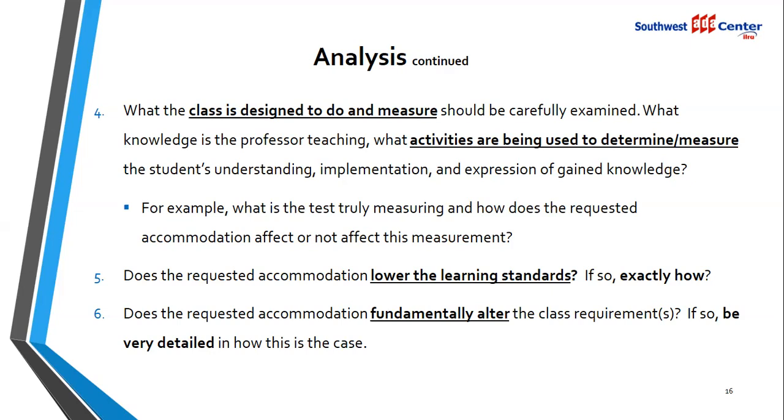So if you have a student who has a speech disability and it's an oral test, and the test has to be done in 20 minutes, well, clearly, there's a barrier in that 20 minutes, in that the student is not going to be able to orally express in 20 minutes everything they know about the subject that's being tested.